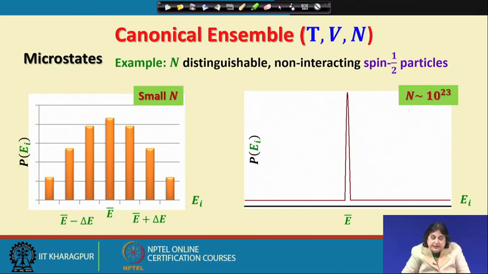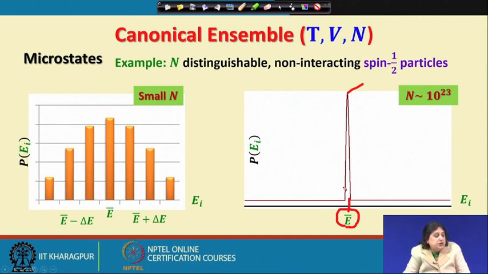We have already seen that under such condition, the probability distribution will take the shape of a Gaussian distribution, and this Gaussian distribution is going to be very sharply peaked at around the average energy E bar. So, E bar is associated with the maximum number of microscopic states. The system is most probable to exist in those microscopic states that are having a total energy of E bar.